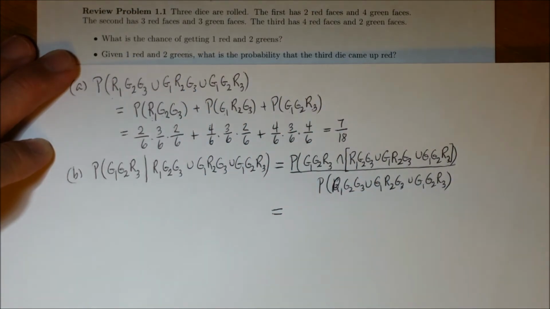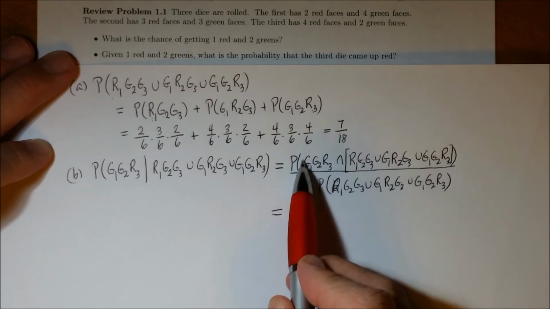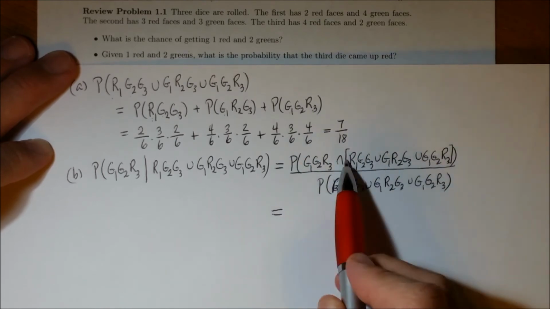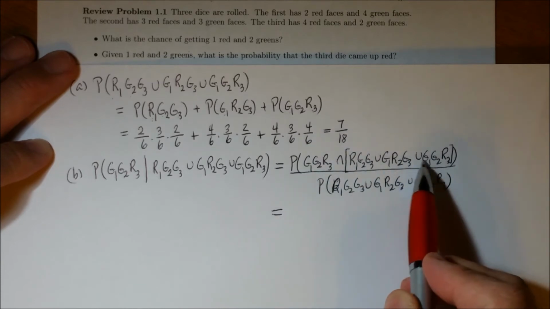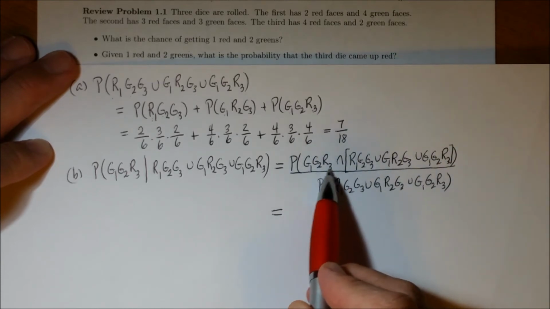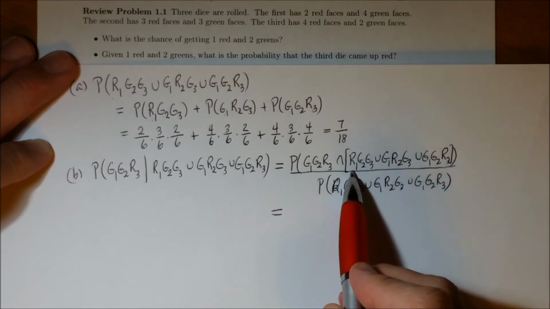Okay, now the first one is silly, if you think about it. This is a part of this union. So this right here, G1, G2, R3, that is part of this union. So this set is a subset of this bigger set.